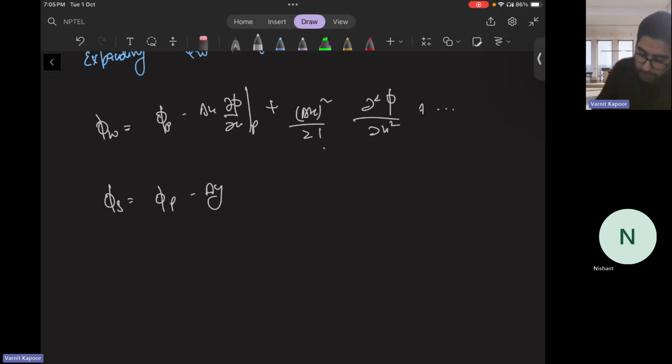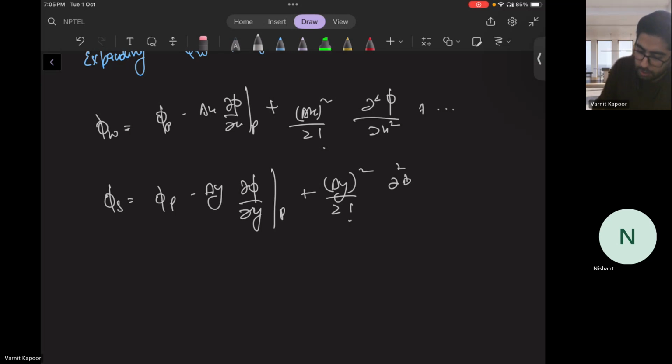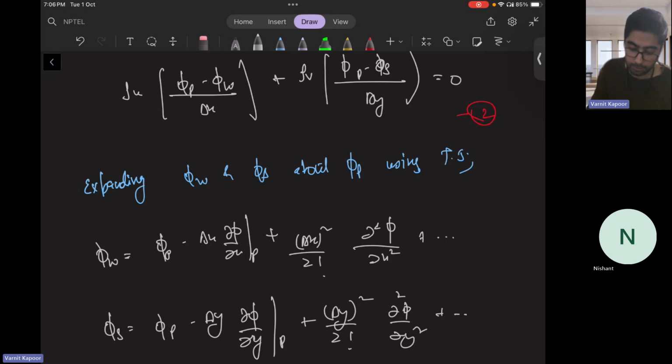Similarly, minus del y. Dou phi by dou y at P plus dou 2 phi by dou y square and so on. So in order to substitute in equation 2, we will arrange these. Okay, you need to have phi W and phi S. Now you will put the values.